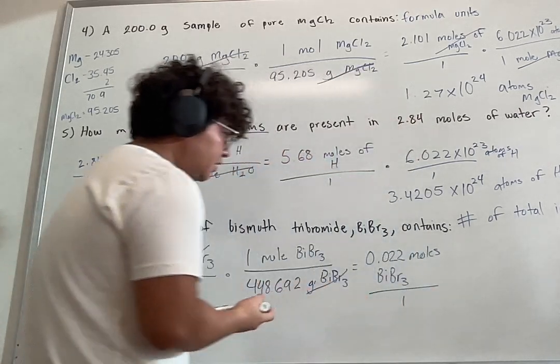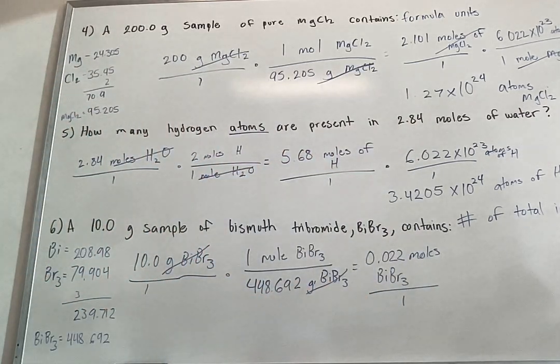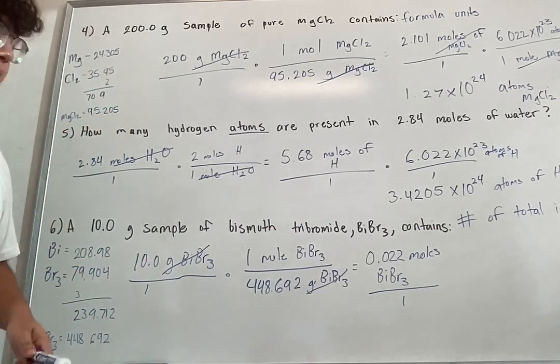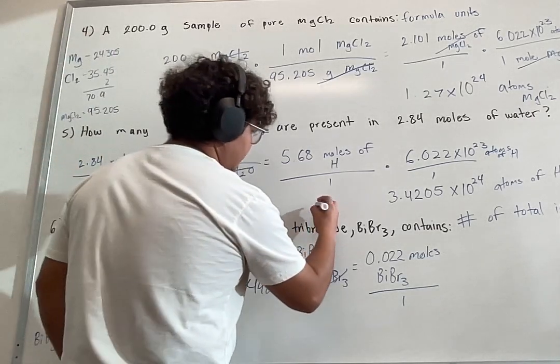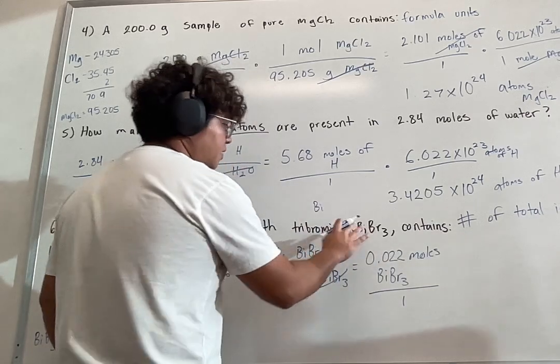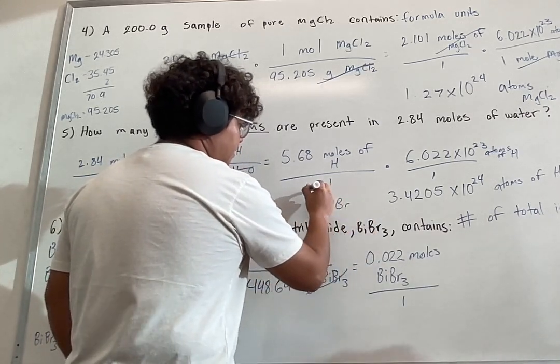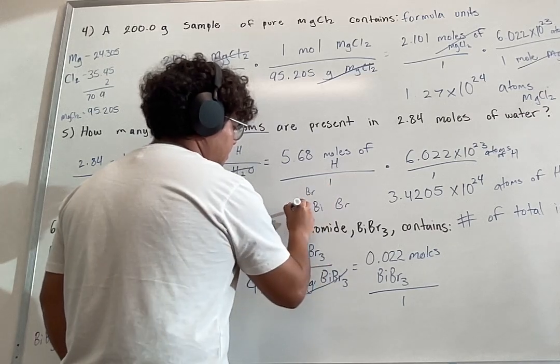All right. And here's the different step for the number of total ions. When you get your moles, you're actually going to multiply by how many ions you've got. So bismuth is 1 of your ions, Bi, and you've got another 3, Br, Br, Br.